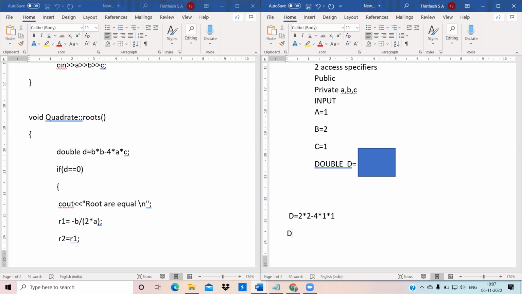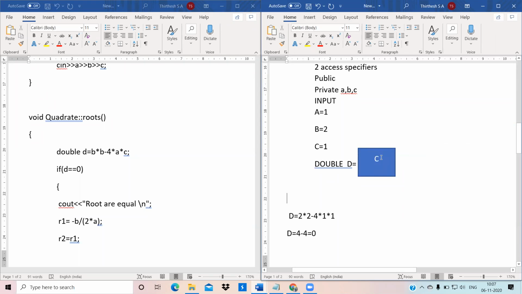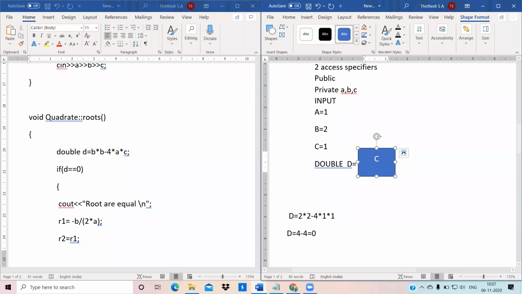Two 2s are 4, minus 4 into 1 is 4, and 4 minus 4 will be 0. So your double d will be 0.